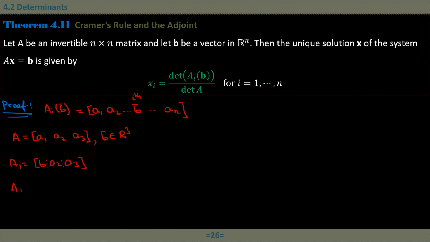By A_2(B), that means the second column is replaced by vector B, so we have A1, B, and A3. And by A_3(B), we mean A1, A2, and the third column is replaced by B. That is what we mean by this notation.